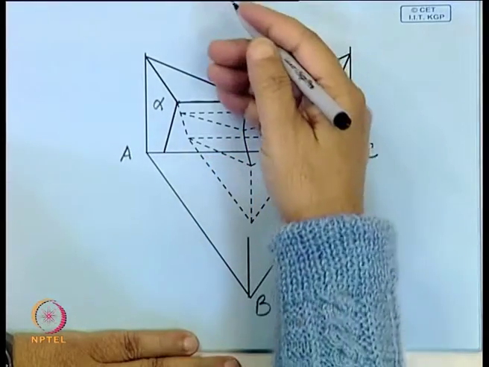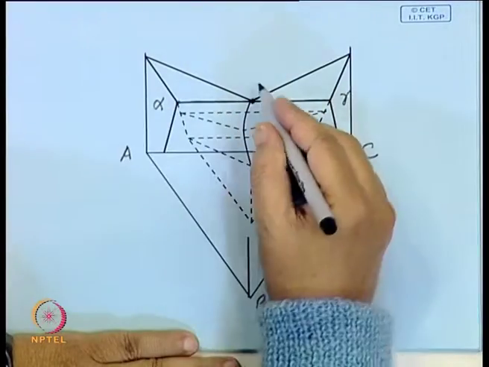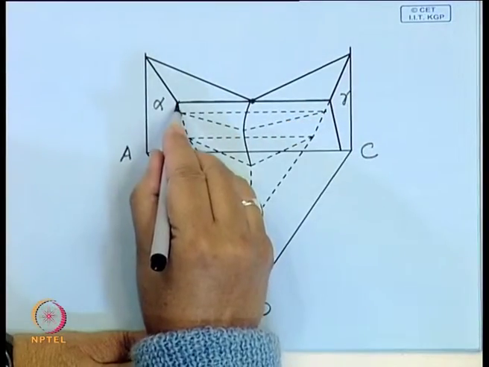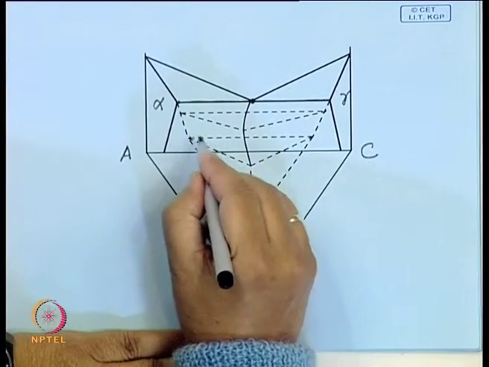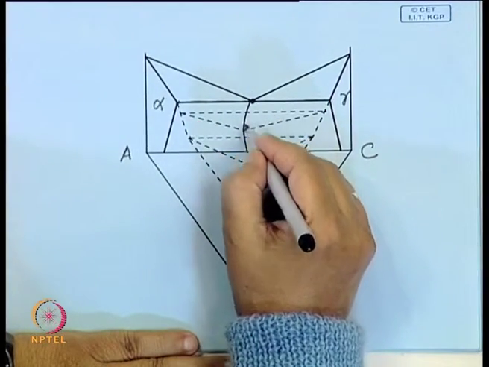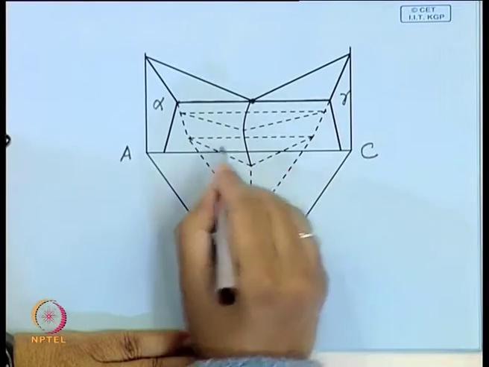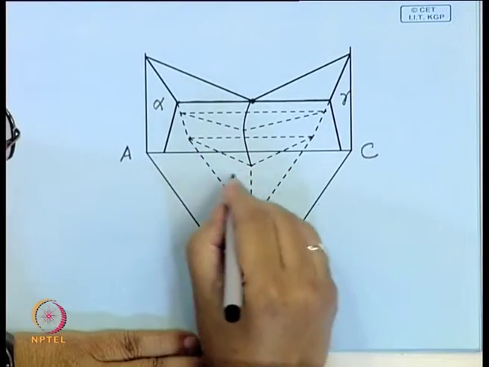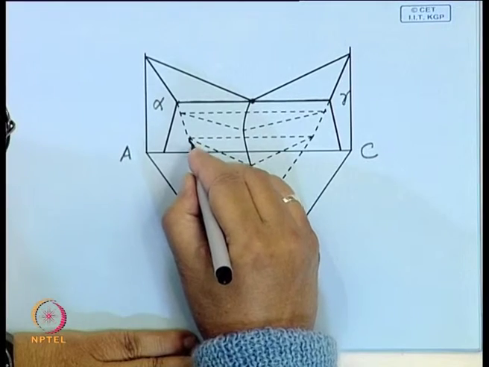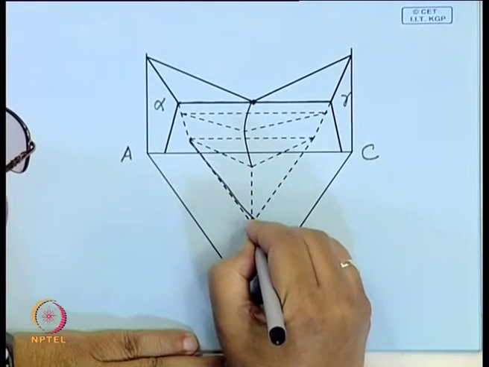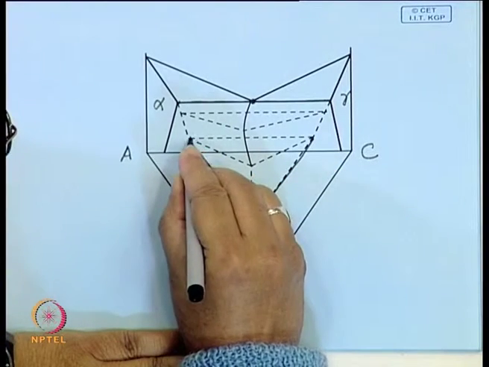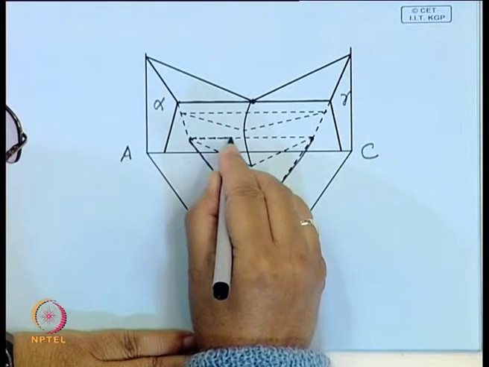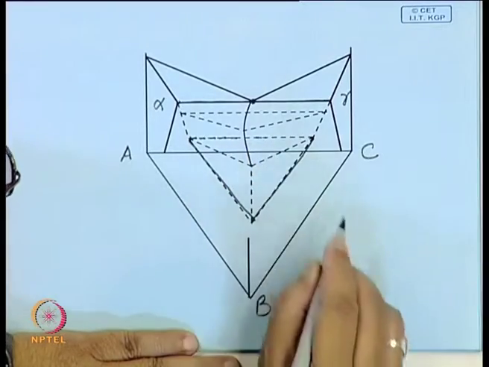Now, when this surface comes down, it builds a curved surface which comes down to that eutectic isotherm. This point represents that eutectic isotherm, this triangle, this is the eutectic isotherm. I am still drawing this as a dotted line, which you will not be able to see.